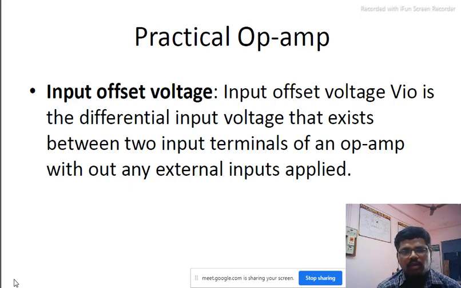There are no external inputs. Therefore, the differential input voltage is called the input offset voltage.